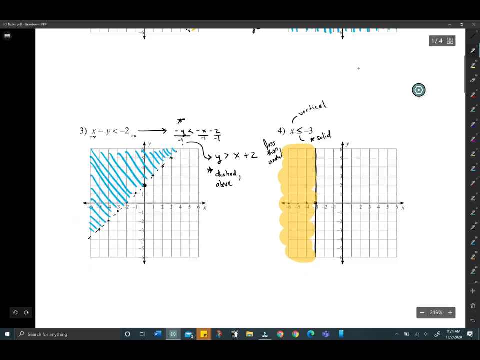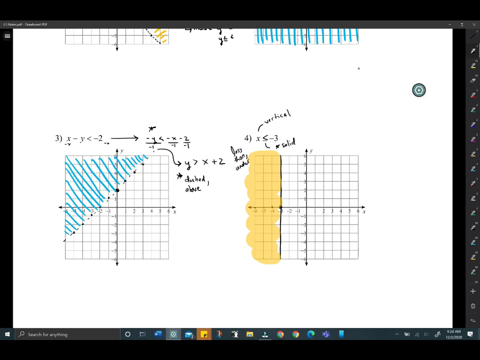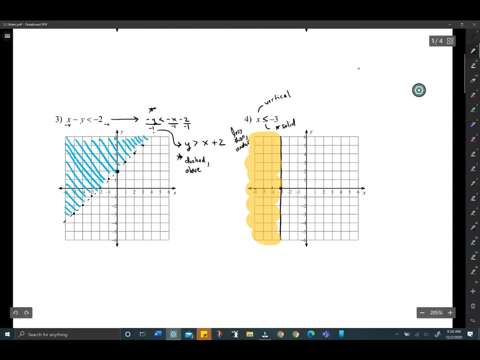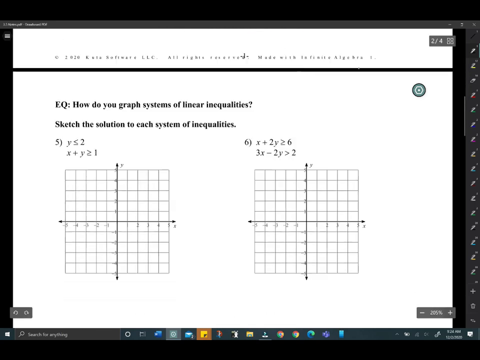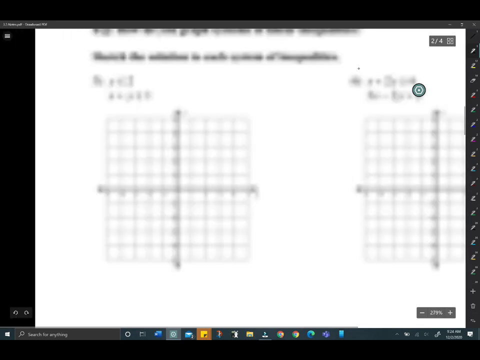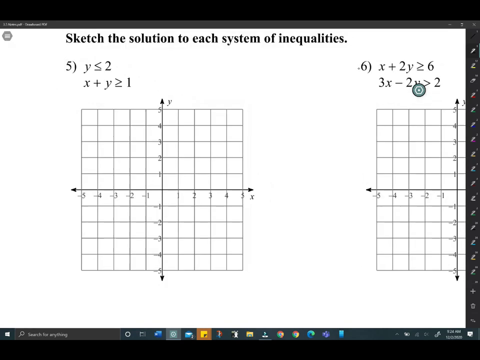On the back here, we then are going to sketch systems of them. And these ones are basically just 2 graphs at once. Okay, so as we graph this first one, you need to remember y less than or equal to 2. That's a horizontal line at 2.